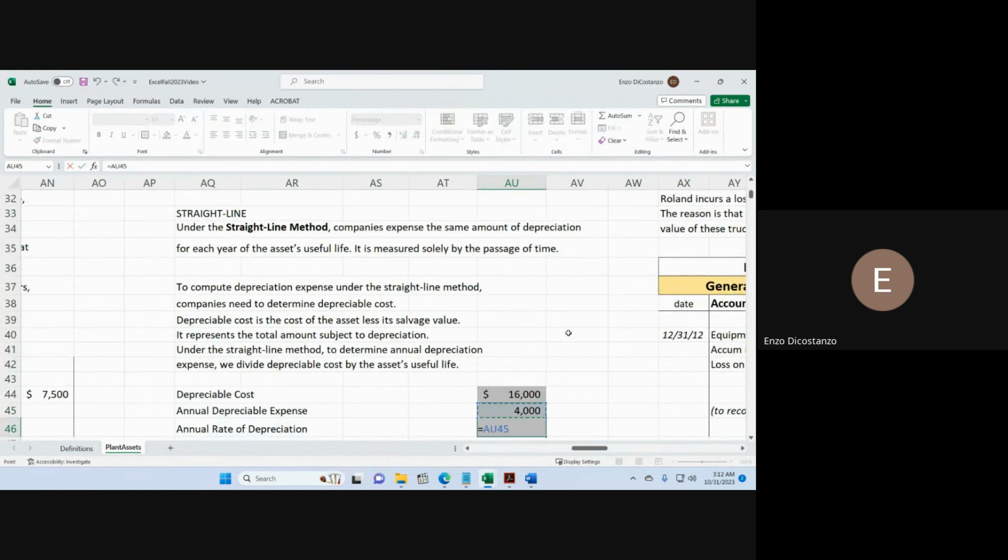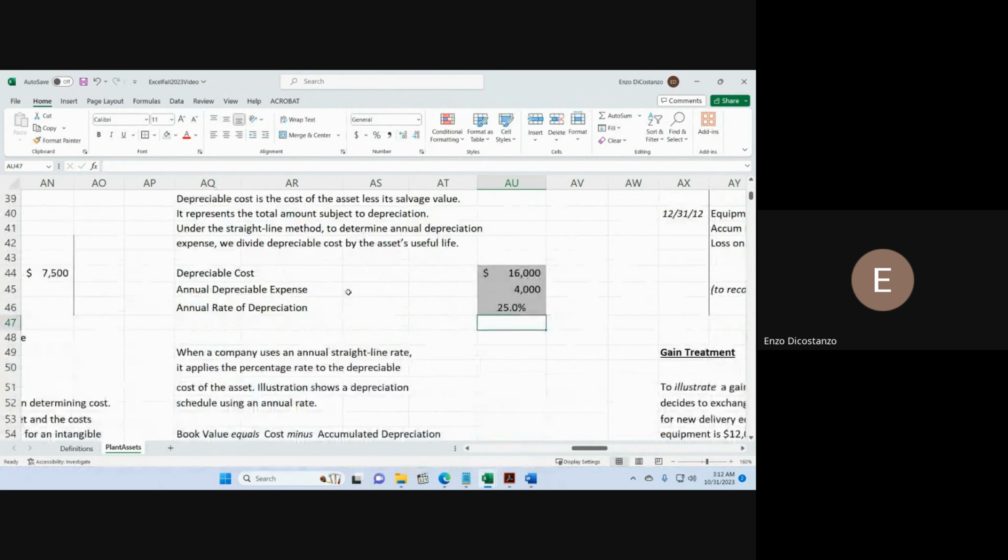And the rate is 4,000 divided by 16,000, which is 25%.